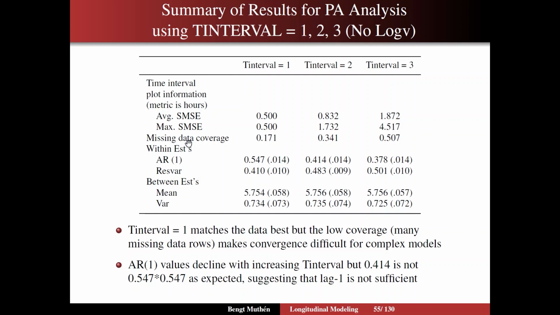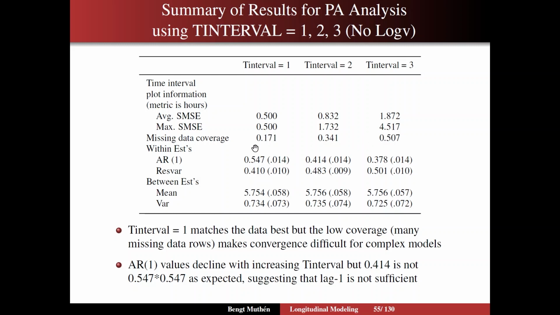Now the missing data coverage then is quite low for time interval 1. That is, we add a lot of missing data with t interval 1. A lot of missing data rows in the data. The coverage goes up for 2 and further up for t interval equals 3.